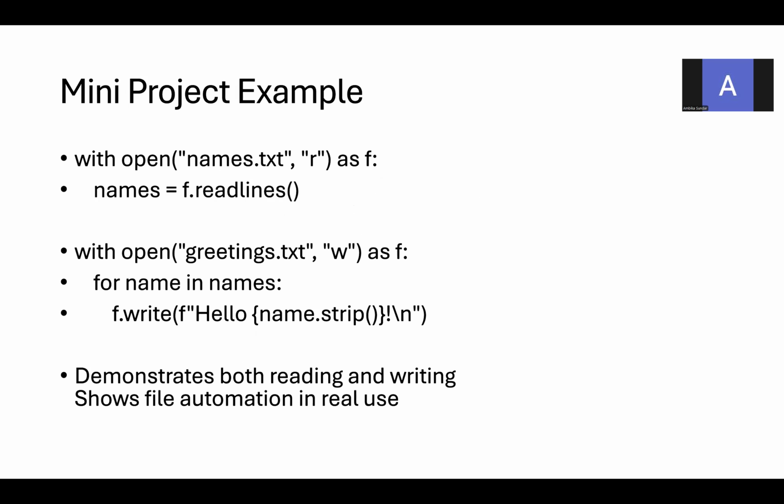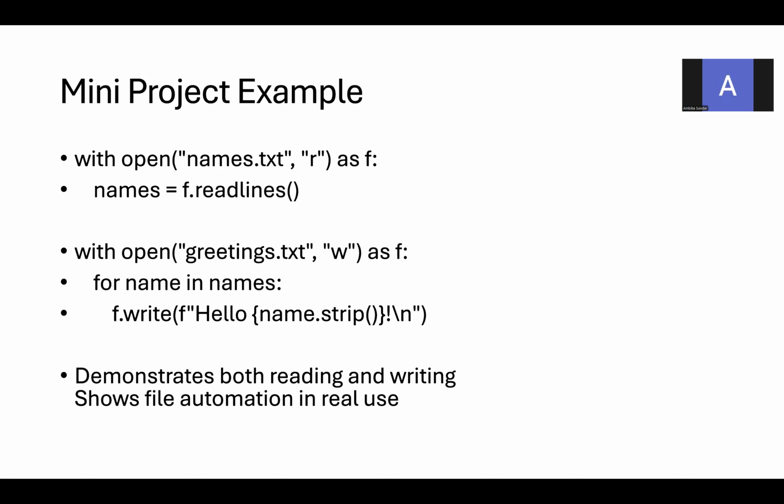So mini project. With the command, I am going to open the names.txt in the read mode and store it in the variable f. In the names variable, I am going to read all the lines of this file and store it inside the list. With command, I am going to open the greetings.txt in the write mode and store it in the variable f for each name in this names.